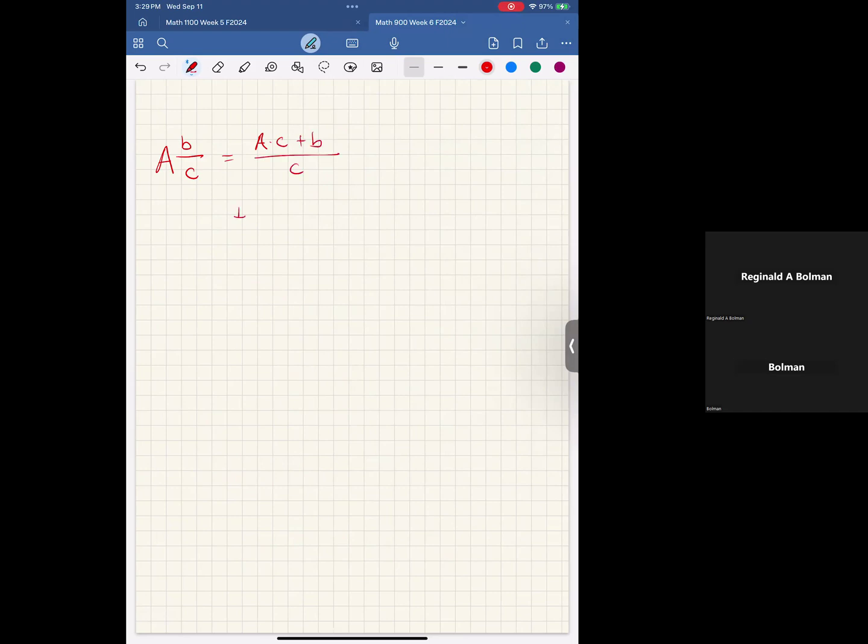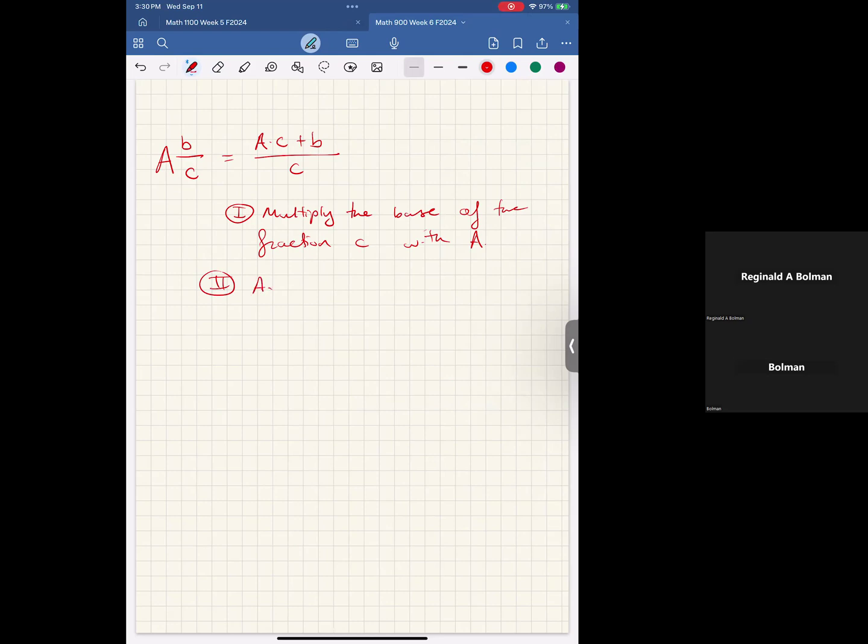What you're going to do is multiply the base of the fraction, C, with A. Then you're going to take the result of that multiplication and add it with whatever happens to be in the numerator of the fraction.